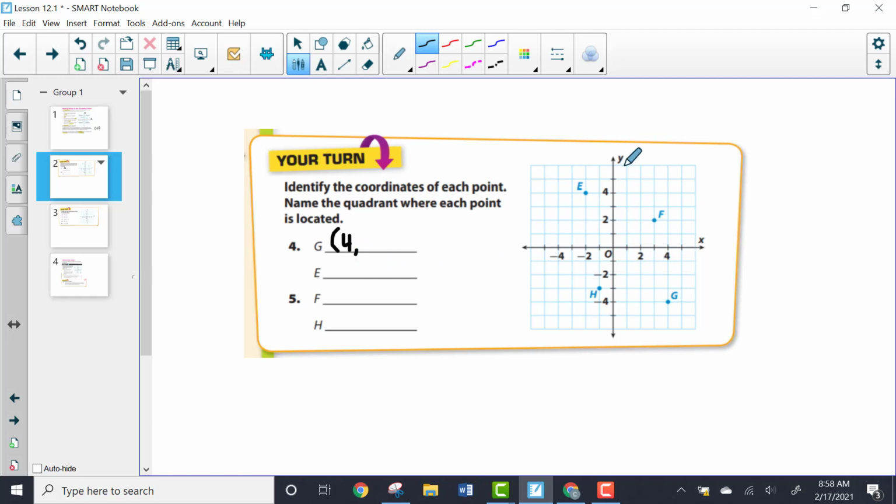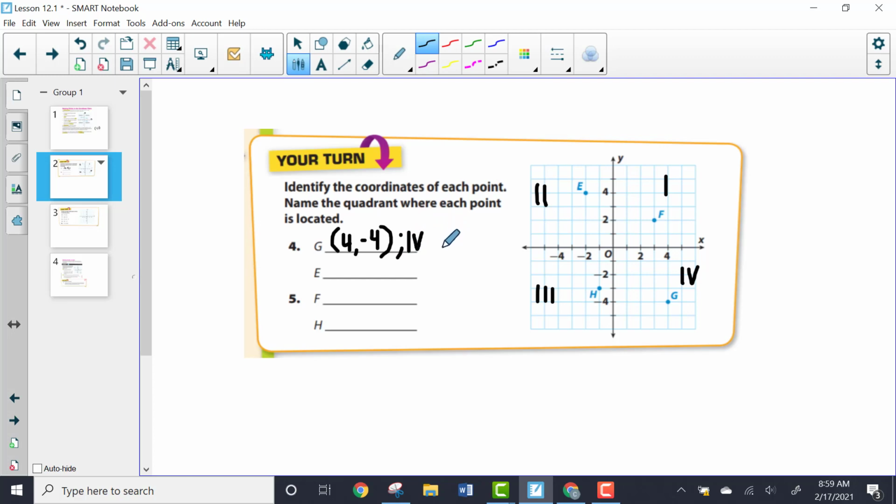And then we need to see which y-coordinate G is lined up with. So you can see it's lined up with -4. So +4, -4 there. Or you can just say 4, -4. So that is G. Now thinking about which quadrant it's on. So understand that this is quadrant 1, quadrant 2, quadrant 3, and quadrant 4. You can see that G obviously is located in quadrant 4.